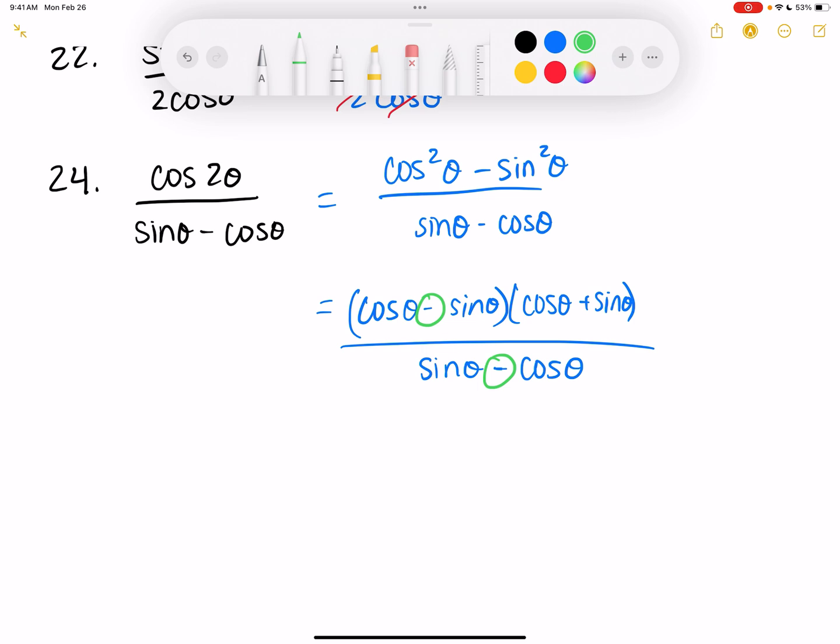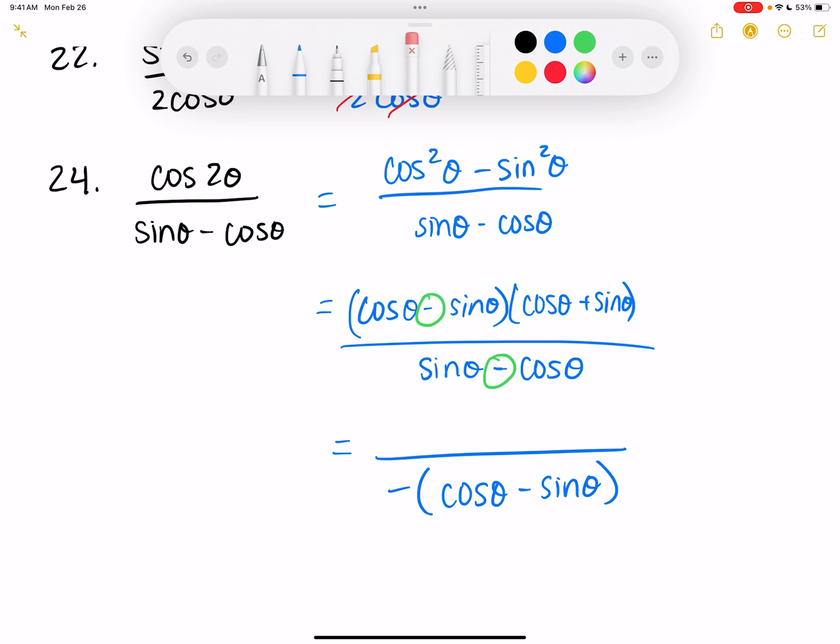Okay, I can factor out this negative here and make this on the bottom negative parentheses cosine theta minus sine theta. Because when I multiply this back through, I get back to what I originally started with. Mathematically I am allowed to do that.